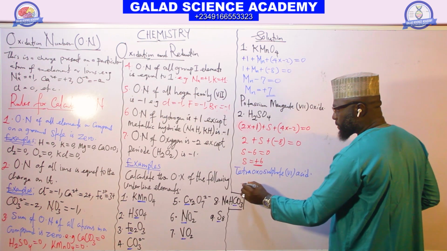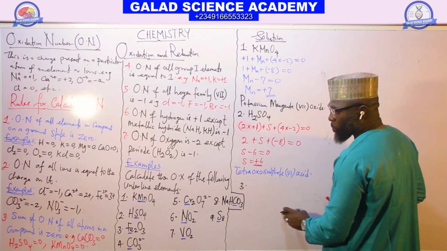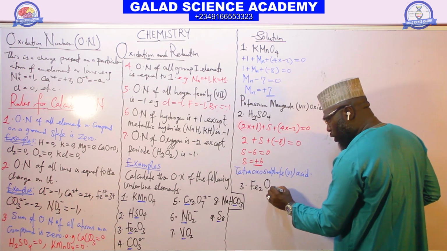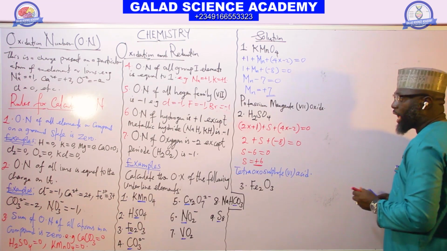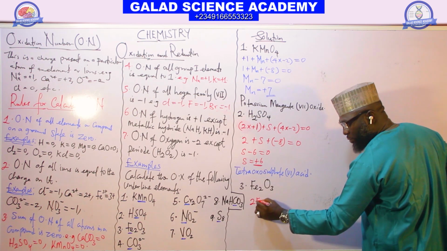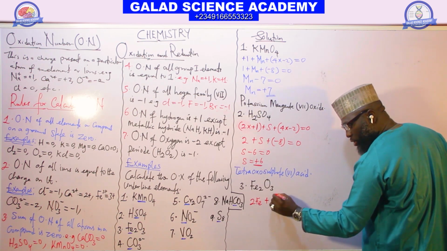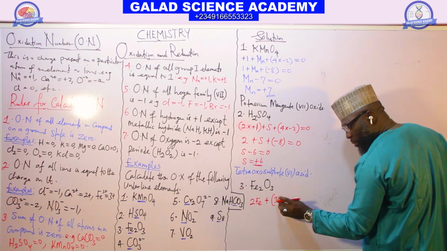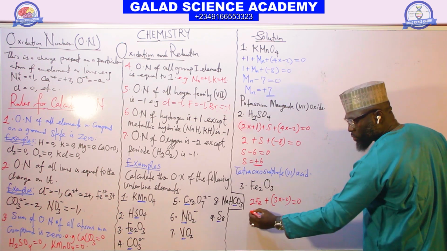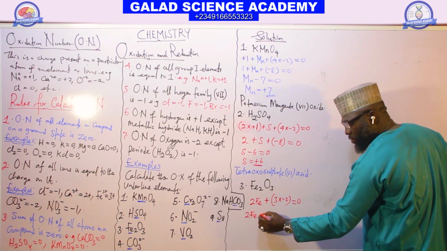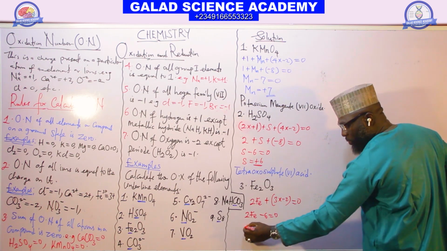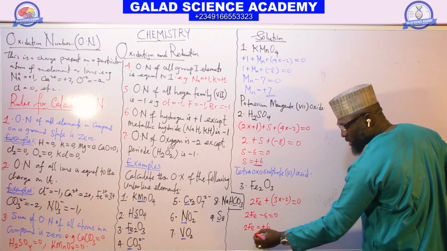Number 3 is Fe2O3. As we all know, this is 2 times Fe, 2Fe plus oxygen, 3 multiplied by minus 2 equal to 0. 2Fe minus 6 equal to 0. 2Fe equal to plus 6.